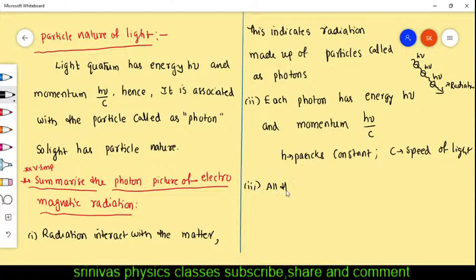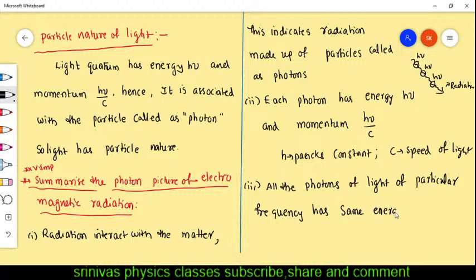The third point: all the photons of light of a particular frequency have the same energy and the same momentum, whatever the intensity of light may be.